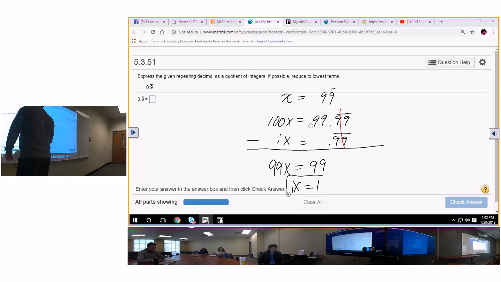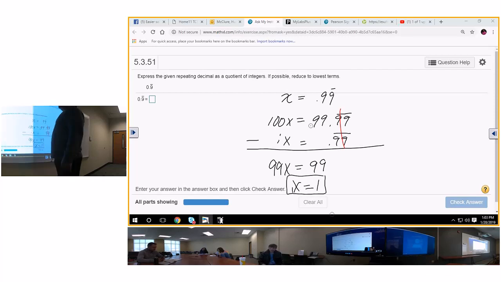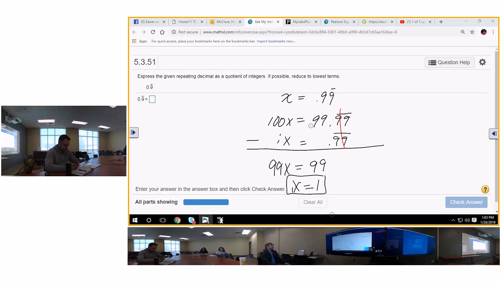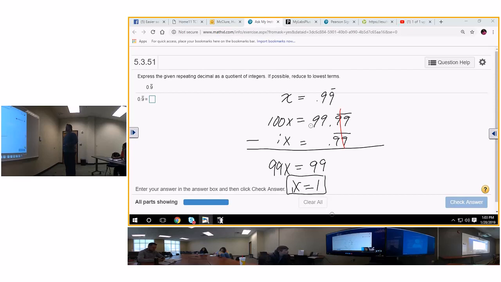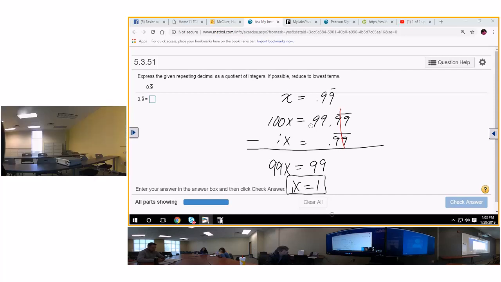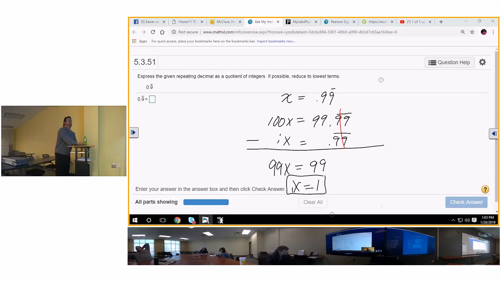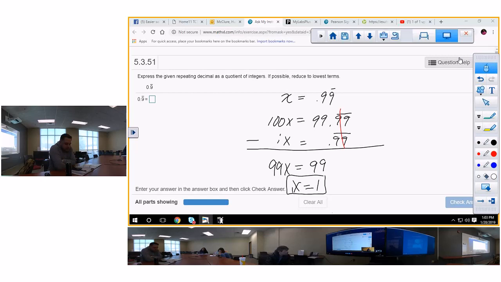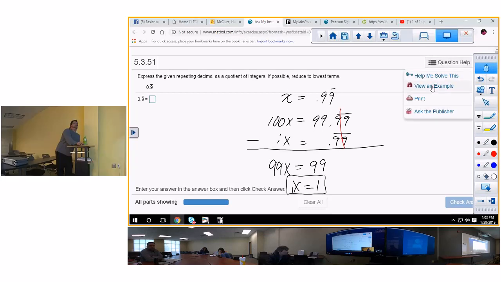I can't believe it came out to be that. It's not supposed to come out to be that. Let's see what they're doing here, but they might have multiplied by 10. Let's see if they multiplied by 10 or 100. Another question that I don't agree with.